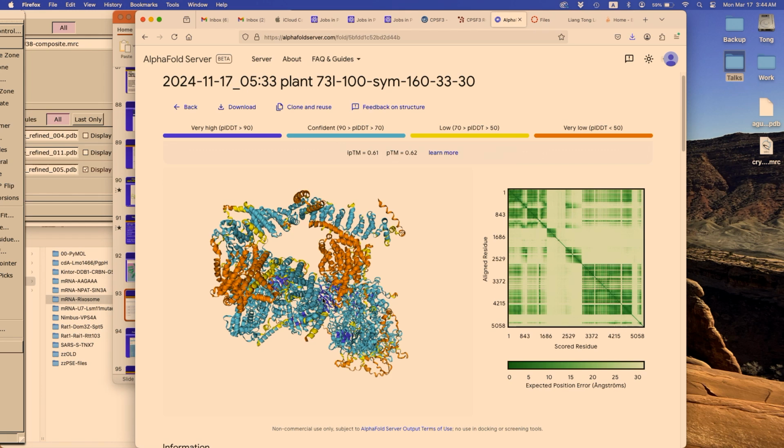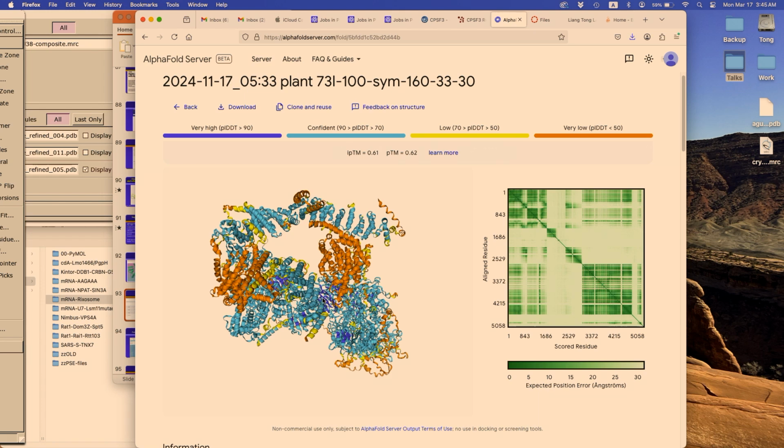So there are many parameters that come out, and more importantly, look at this matrix, the so-called predicted aligned error. So you can see error here, 0 is very green, white is very, very bad. 0 angstrom error, 30 angstrom error. So you want things that are darker colored.